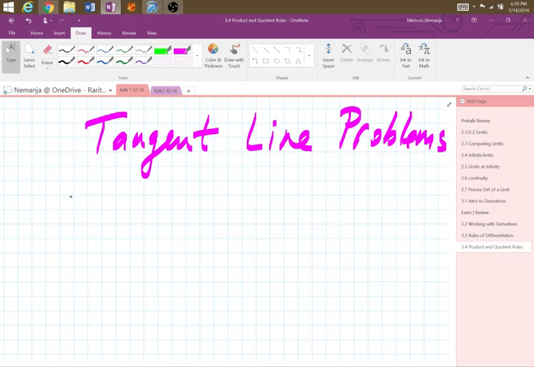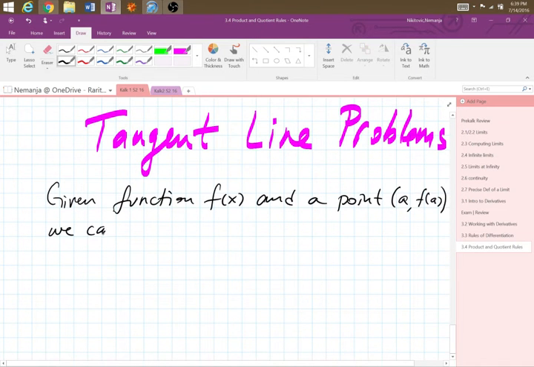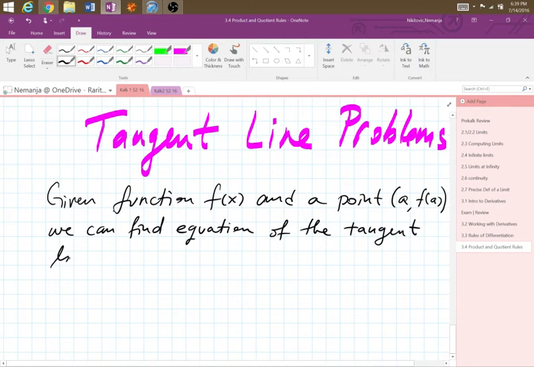So the procedure is that, given a function f of x and a point, well actually a, f of a, we can find the equation of the tangent line to f of x at x equals a.